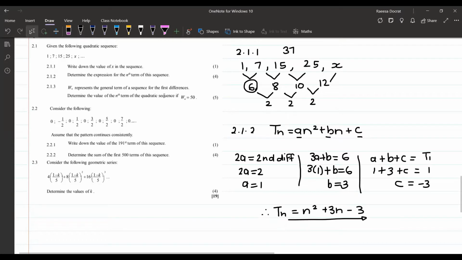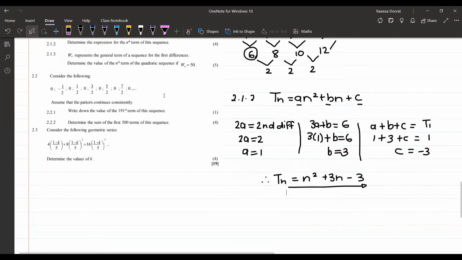Okay, let us have a look at the next question. 2.1.3 says Wn represents the general term for the first differences. Determine the nth term of the quadratic sequence if Wn is equal to 50. So let us first get Wn.